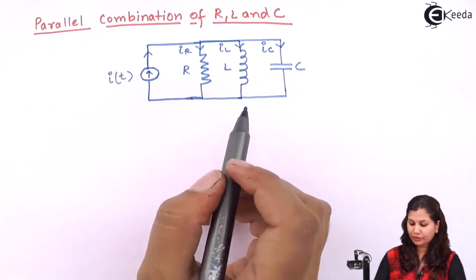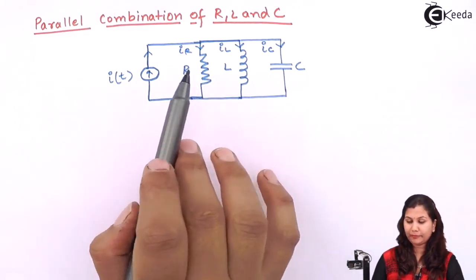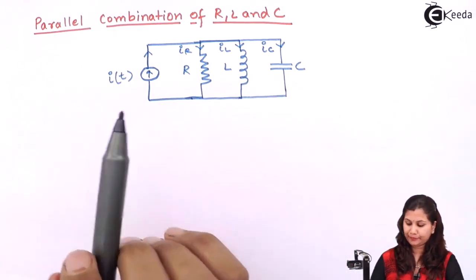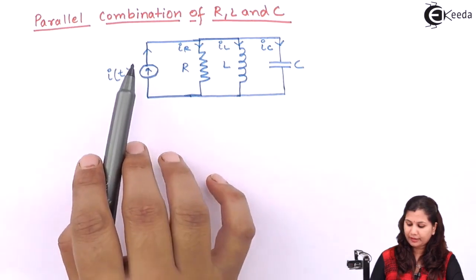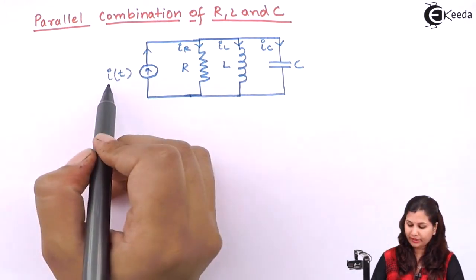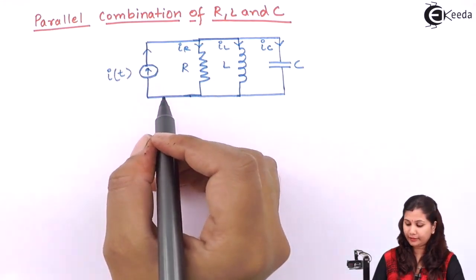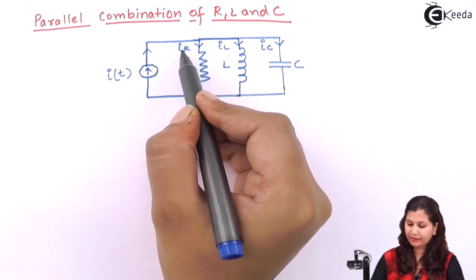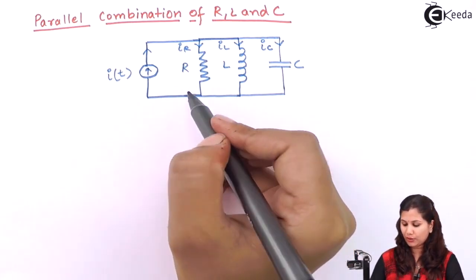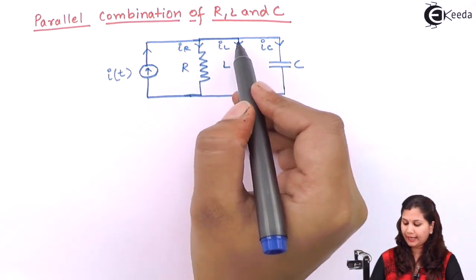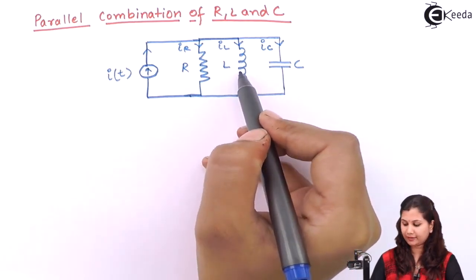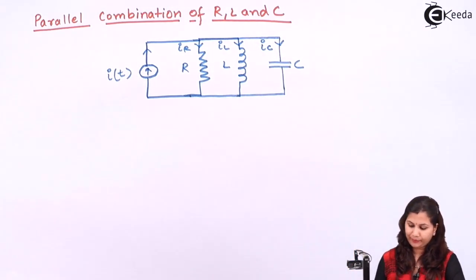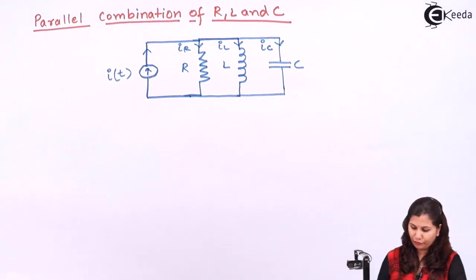So this is an electrical system which is having the parallel combination of the three elements: resistor, inductor and capacitor. These three elements are connected to a current source giving the current as IT in the circuit. So this current will be divided in these three elements, and we will have IR as the current flowing across the resistor R, and IL is the current flowing across the inductor, and IC is the current flowing across the capacitor. So let's write the equation for this.